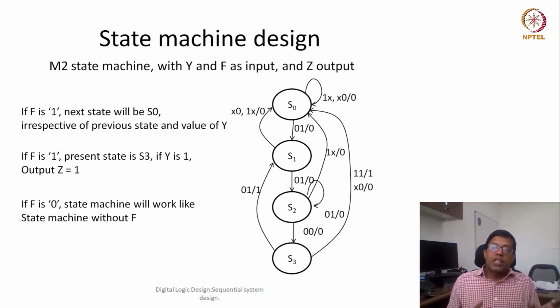Along with that, the design of 256 states was straightforward because we designed it using a counter, and the design of the sequence detector was easier because the first design of the sequence detector was independent of f.